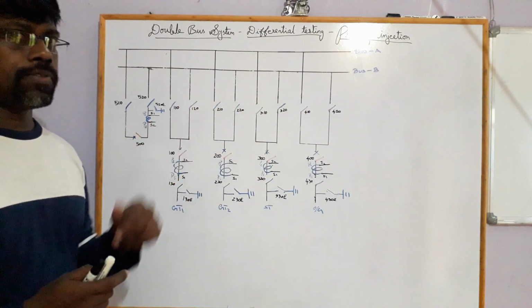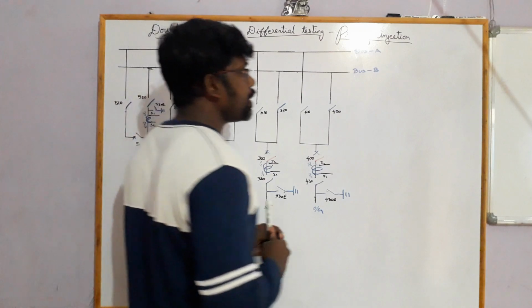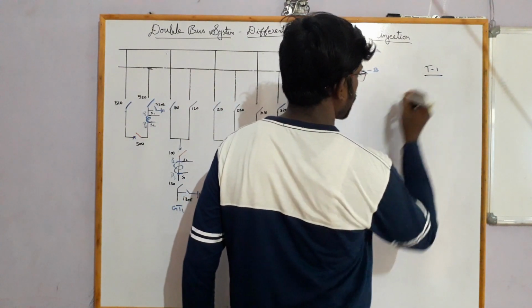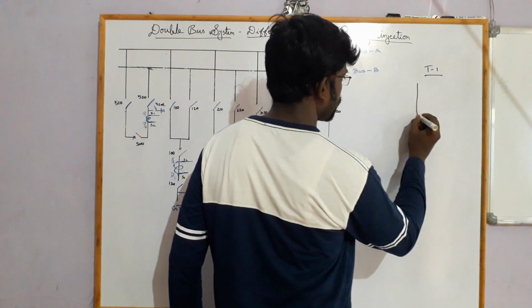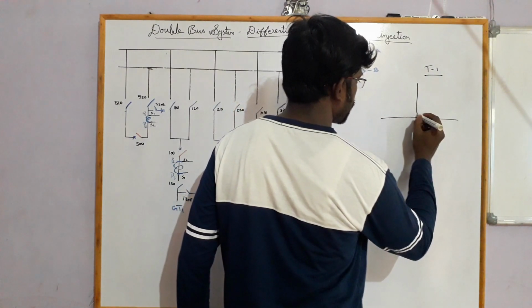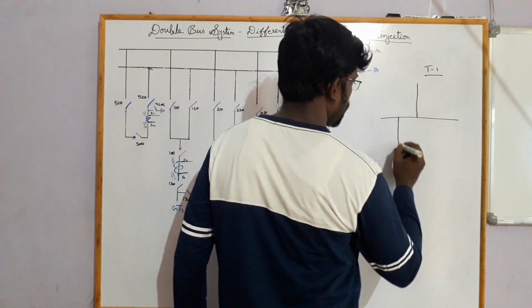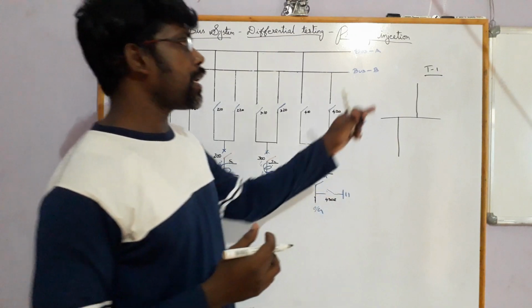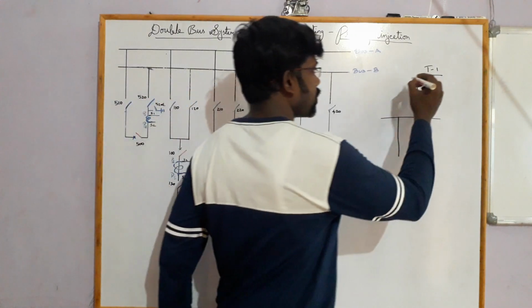We have two types of CT polarity. If you see type 1, let us consider, for example, I am taking one incomer and one outgoing.